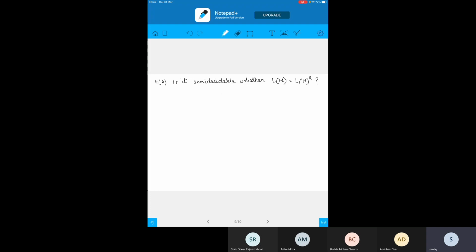So we have M hash x going to pi, and M hash x doesn't hold if and only if some n has L of n equal to L of n reverse.